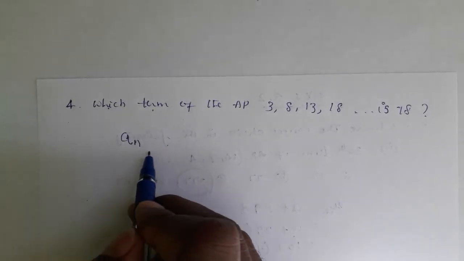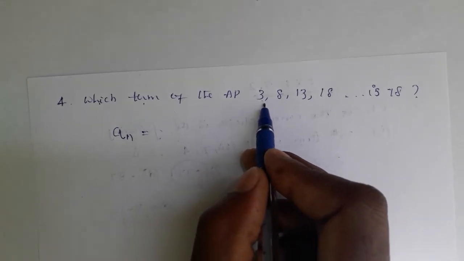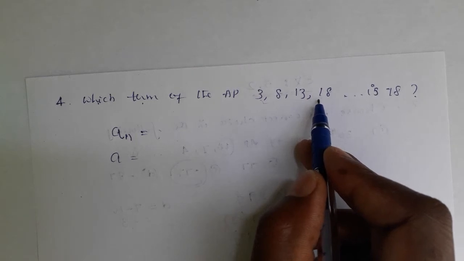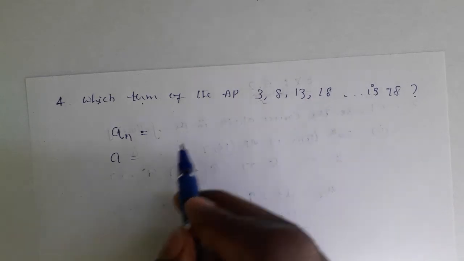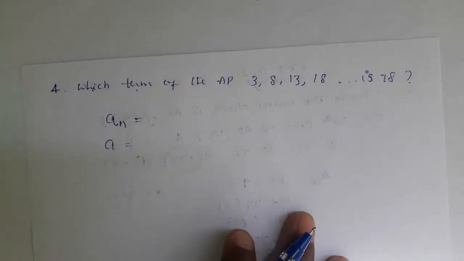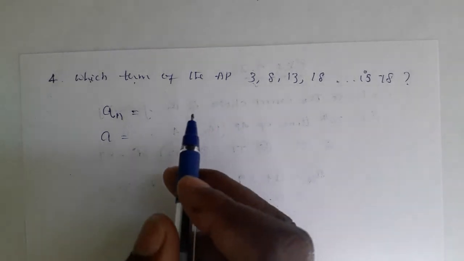Which term means AN. Now in the progression, arithmetic progression, what is A? Try to get A always, because A and D play a big role in arithmetic progression. If you know A and D, you can find out any position.